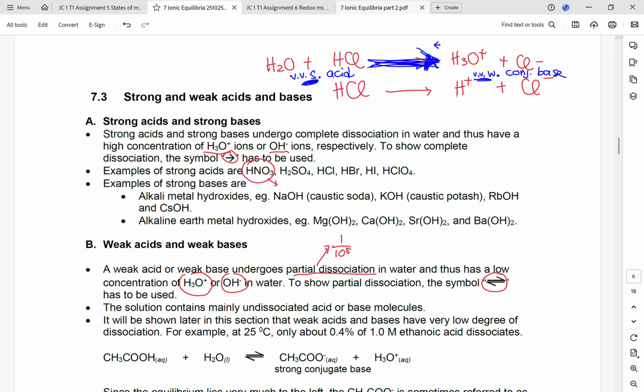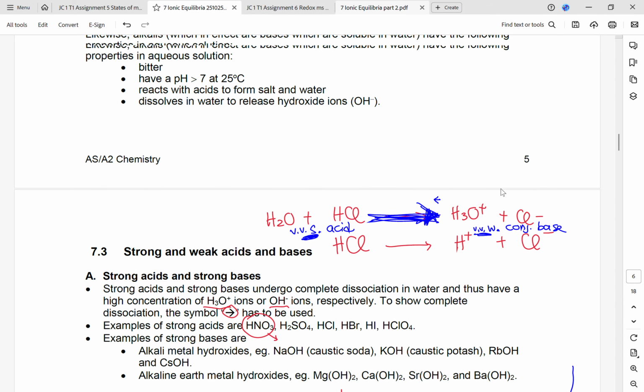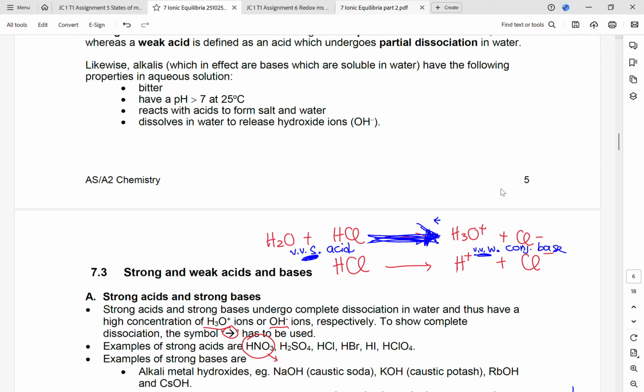Okay, so let me do another example. I'll do sodium. It has nothing to do with acid base, but it's the same context. Well, I'll do one better example. Francium, right? Francium is the most reactive metal. So it will steal any possible chance to become Fr plus and release one electron.